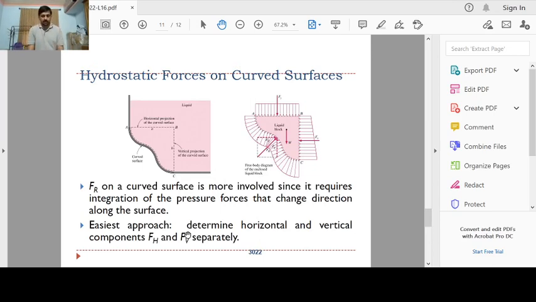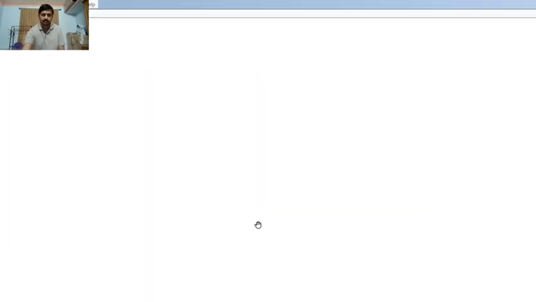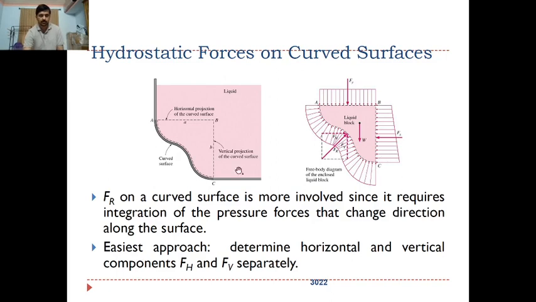Now the last case, hydrostatic forces on curved surfaces. You see here, on a curved surface, two different kinds of forces will be acting: a horizontal force and a vertical force. There will be a horizontal component and a vertical component.